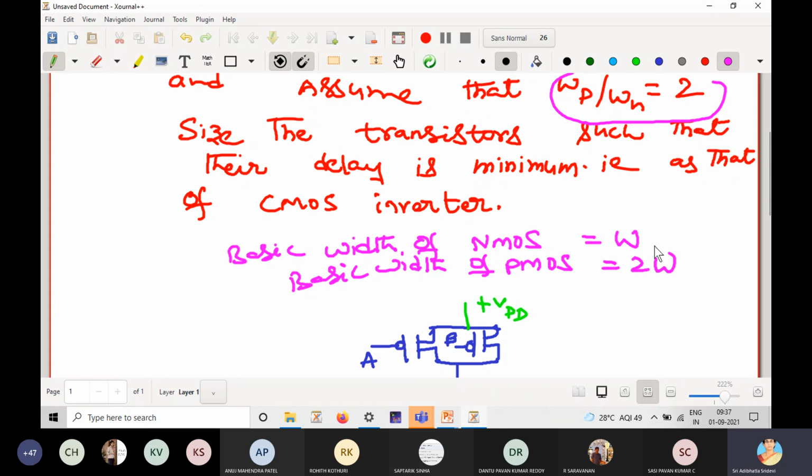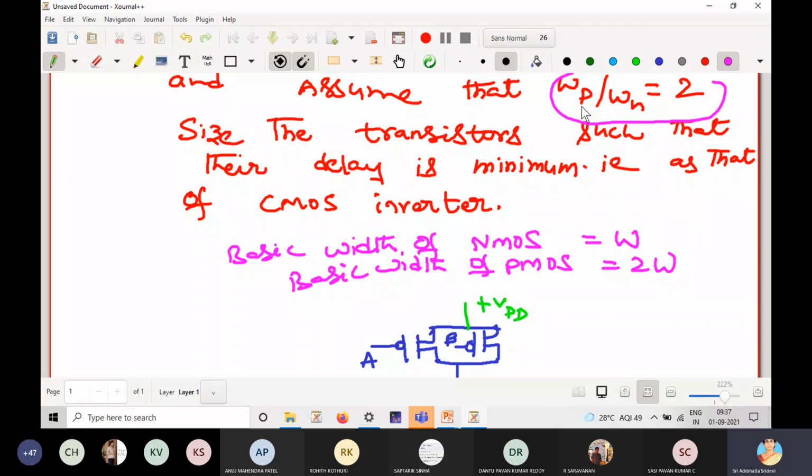That's what it means. But for us, it is different. For us, it is around 5 into 200, something like that you got, right? For 180 nanometer technology in the lab, WP by WN equal to around 5.